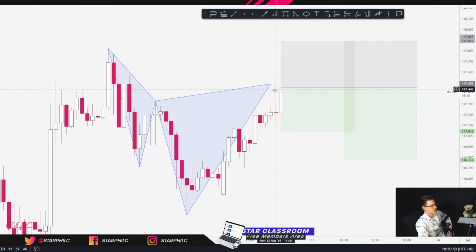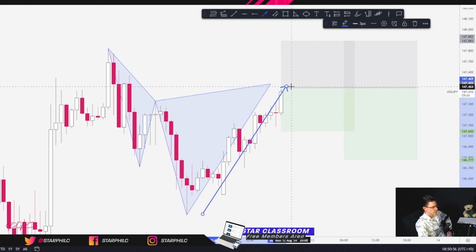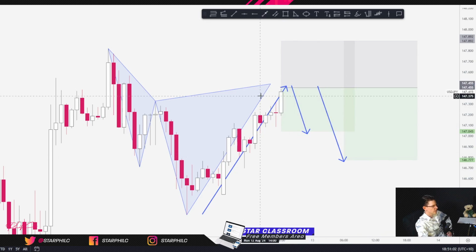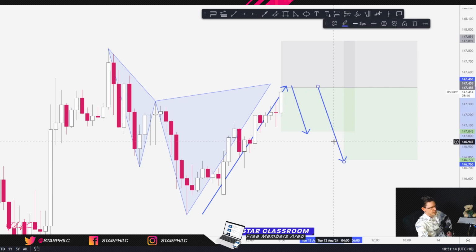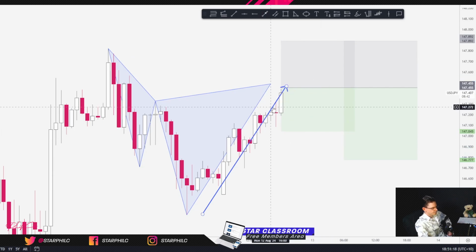We will wait and see what happens with this. And if we get a move into our CD completion, we will be short, and we're looking for a target 1 there and potential target 2 right there. And of course, just to recap where our stop is, just above our X point looking left, just like all patterns that we trade. Okay, so that's my trade opportunity for today.